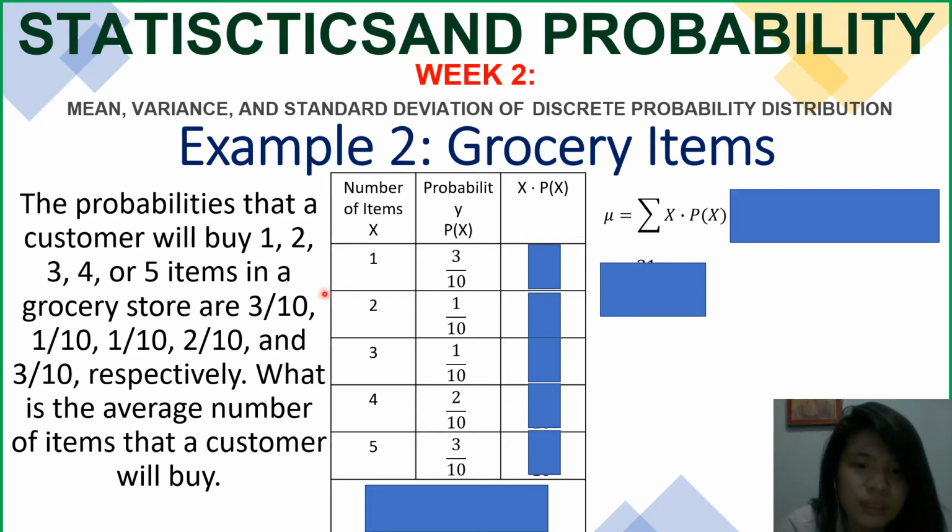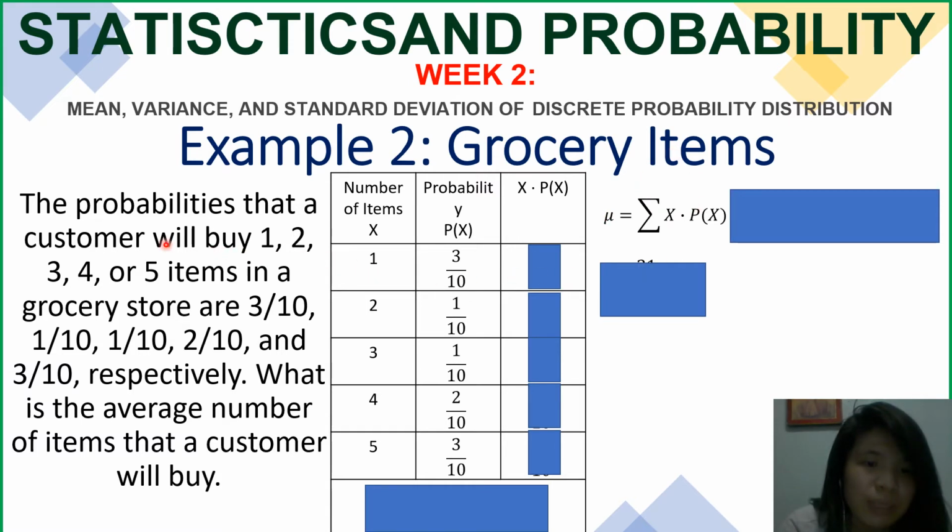First, let us construct a table wherein on the left side, we will have the number of items represented as x, and on the second column, we will get the probability of the number of items, which is represented as P of X. And then the last column, we get the product of X and P of X. Para madali na lang nating masolve yung mu natin, kunin na lang natin yung summation nun.